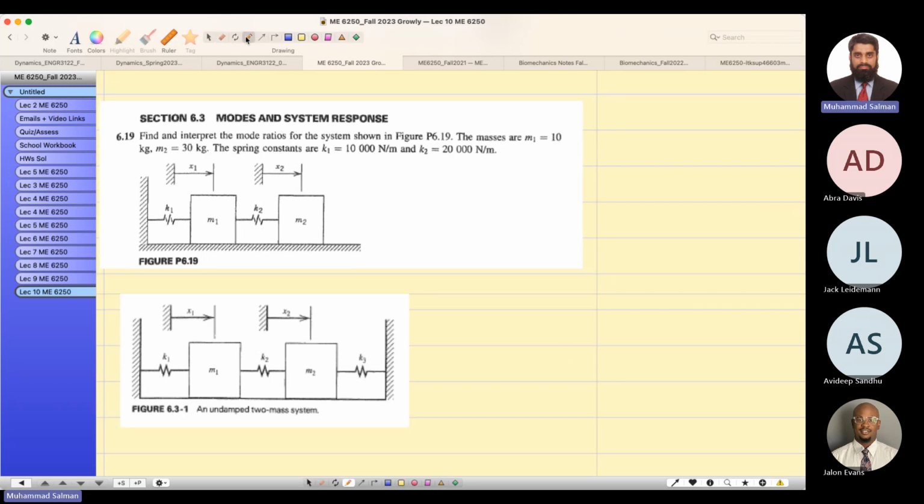And that's it. So K's are given and M's are given. And when you go home, try to solve this problem. And what I suggest from there, you find and interpret the mode ratio.